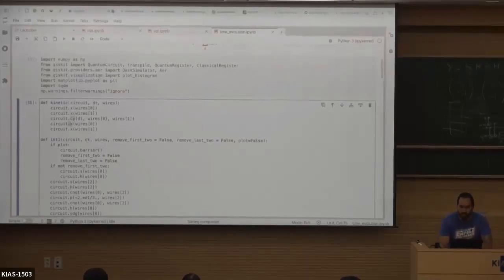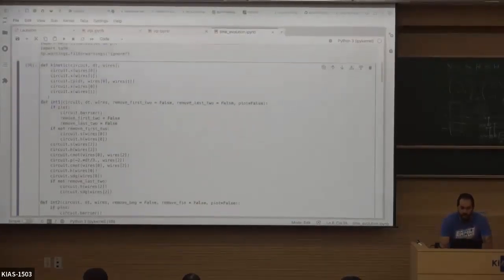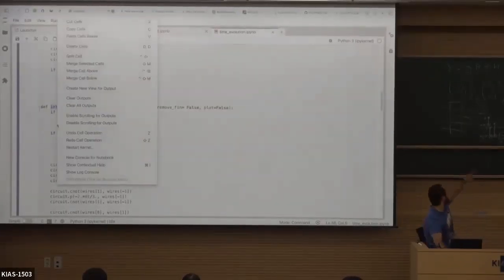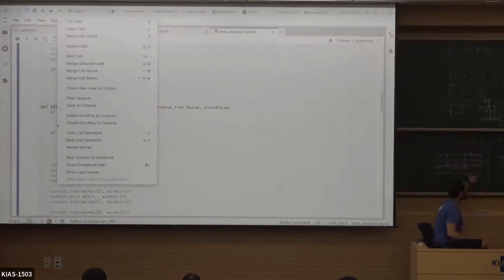And then I'm applying 2 X's again, okay? And the int1, int2, and int3 are exactly the circuits that I implemented here. So this is the first one, this is the second one, this is the third one. All right?